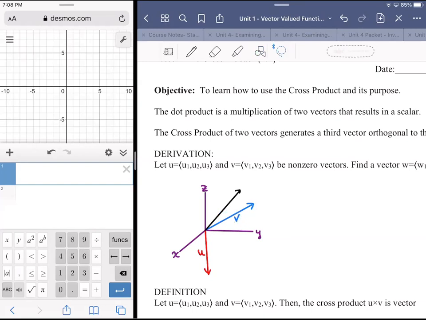I'll move v down here. And I'm telling you that that is perpendicular to the v vector, but it's also perpendicular to the u vector. It's definitely off. I'm not happy with that. It should be more like this.